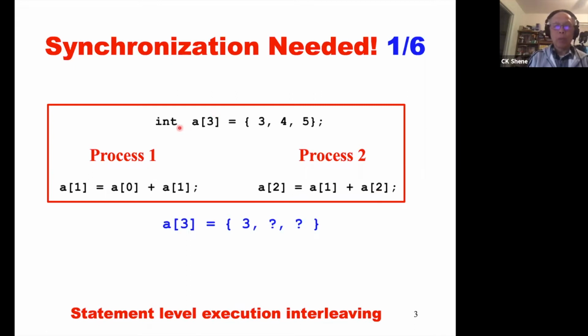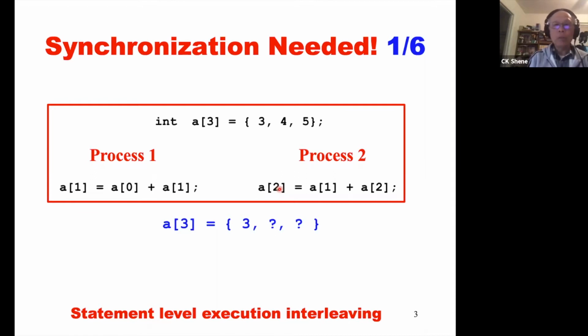So now we have one global entity and two processes. Just assume that these two processes have two simple statements. So the question is, what will be the results after process 1 and process 2 finish their execution?